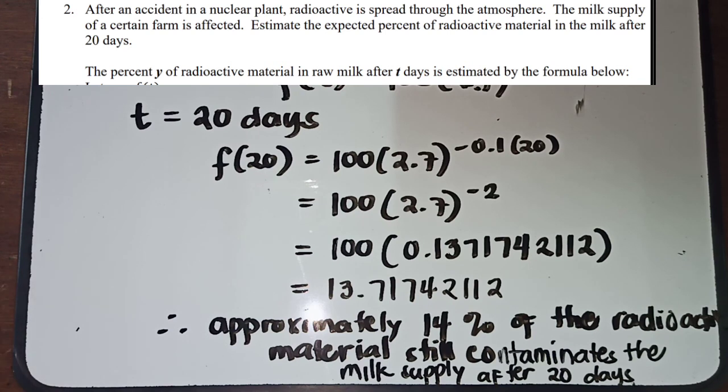Again, therefore, approximately, this 13.71 is approximately equal to 14% of the radioactive material still contaminates the milk supply after 20 days.